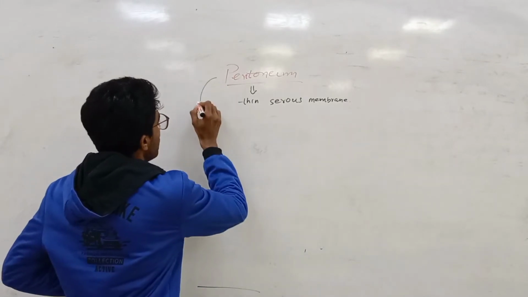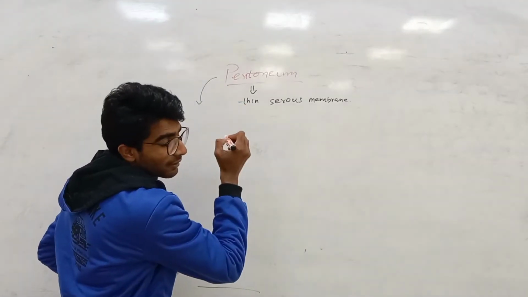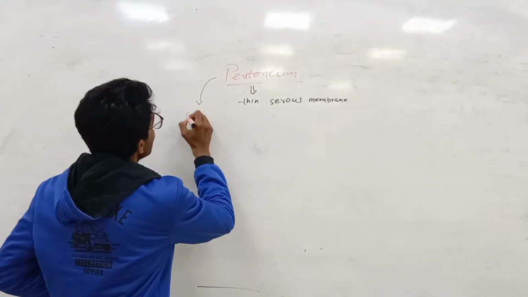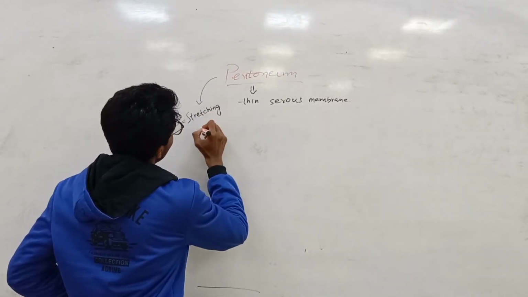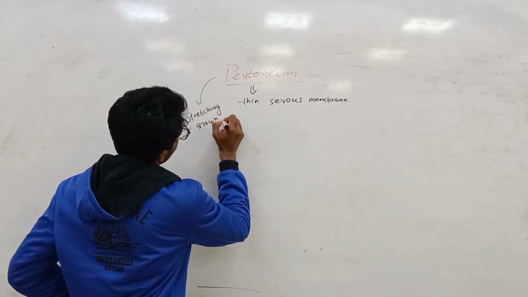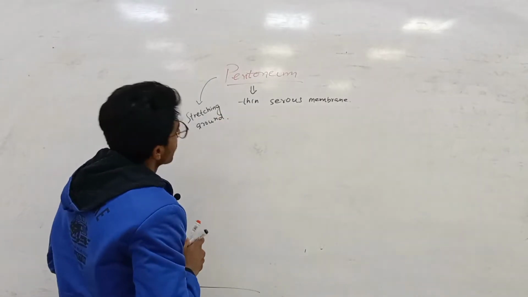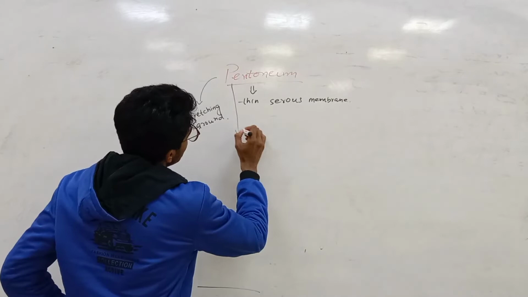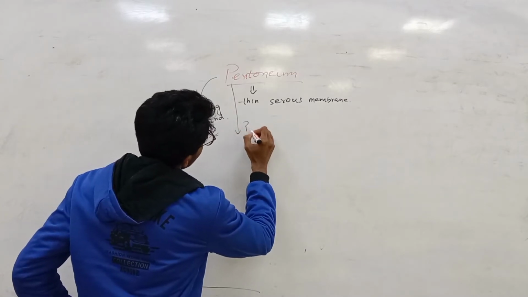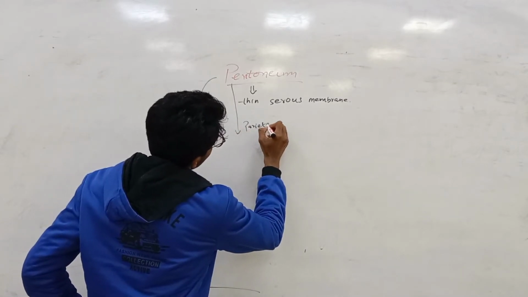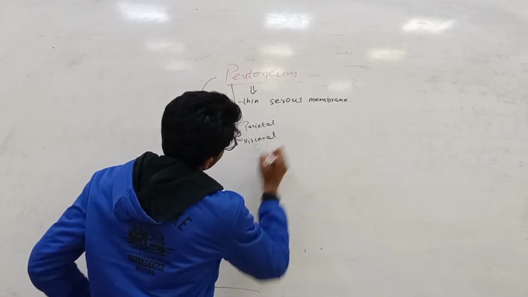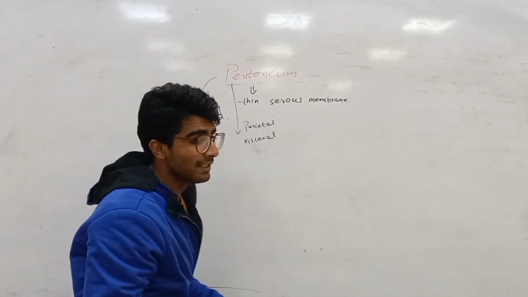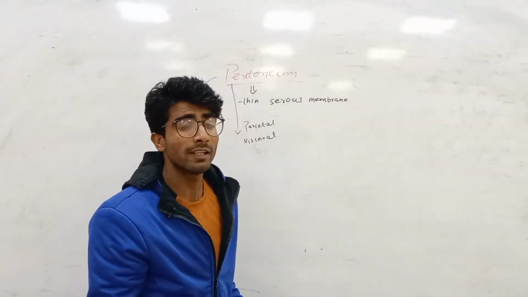Remember, peritoneum is a Greek word which means stretching around. Stretching around. Two layers of peritoneum: parietal, visceral. Where is the parietal layer present? Where is the visceral layer present?